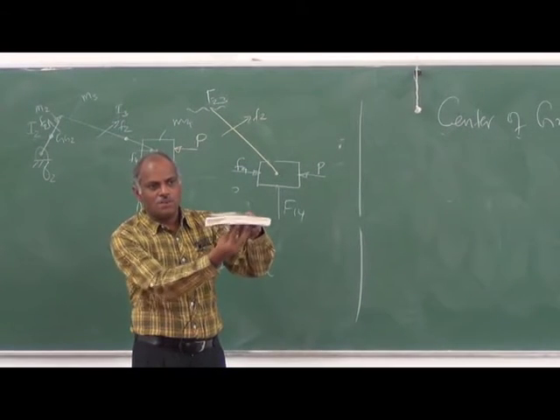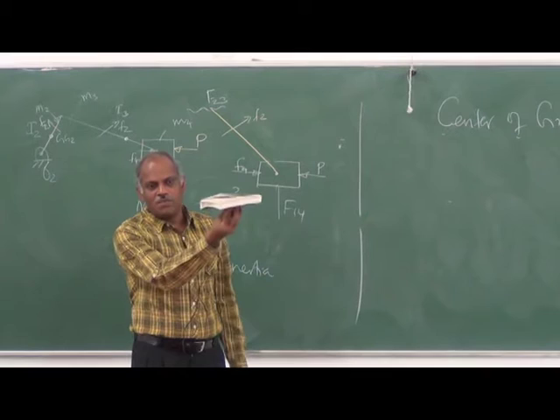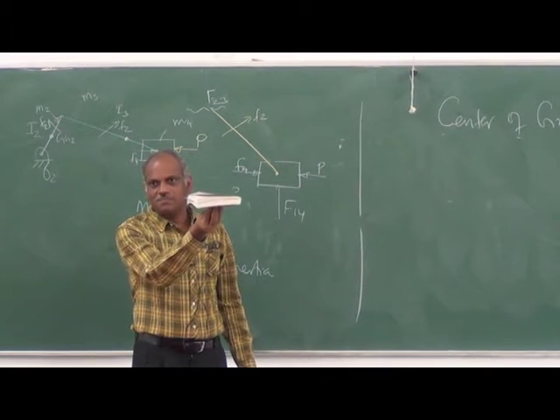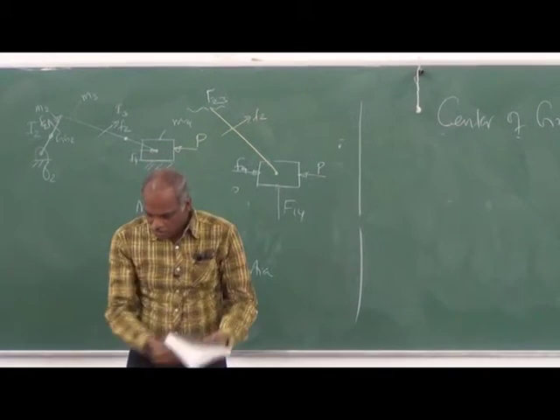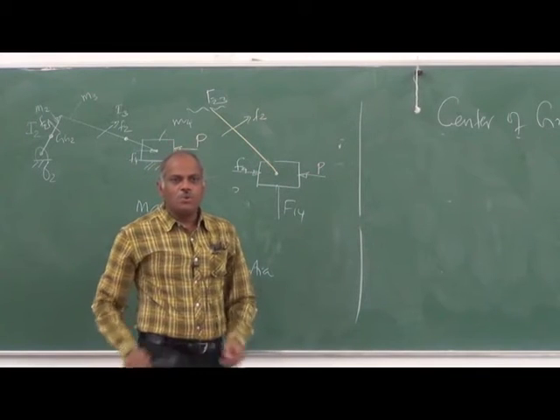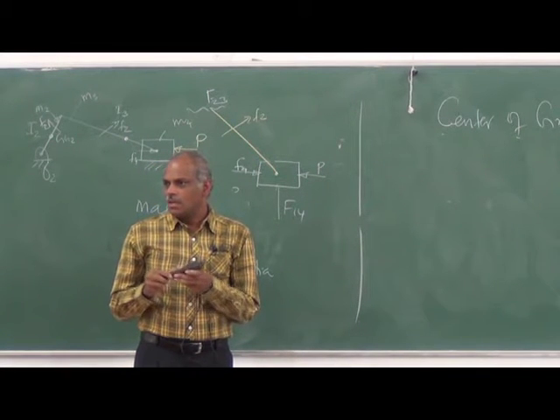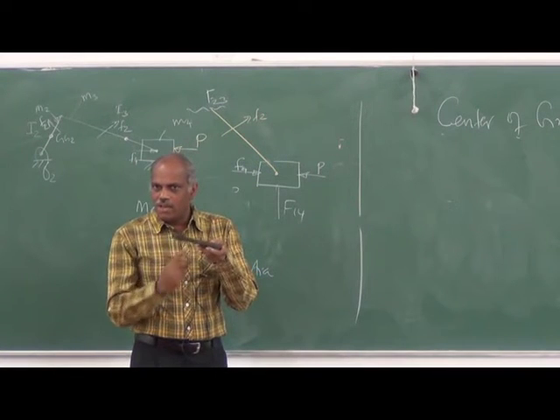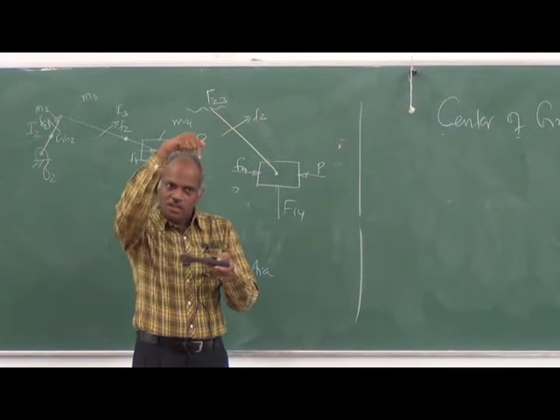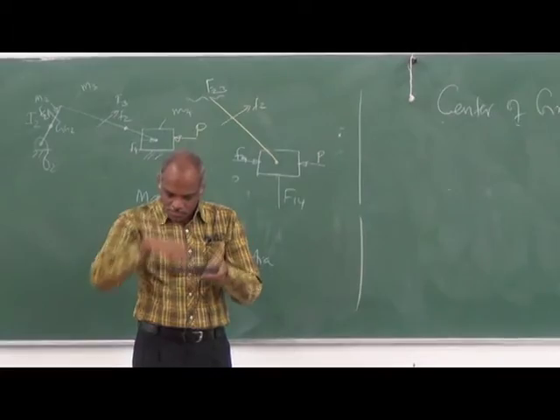I can just try to move it and see at what point it balances. So you can use the method of balancing. So you can find out a point where the applied force and the weight balance.